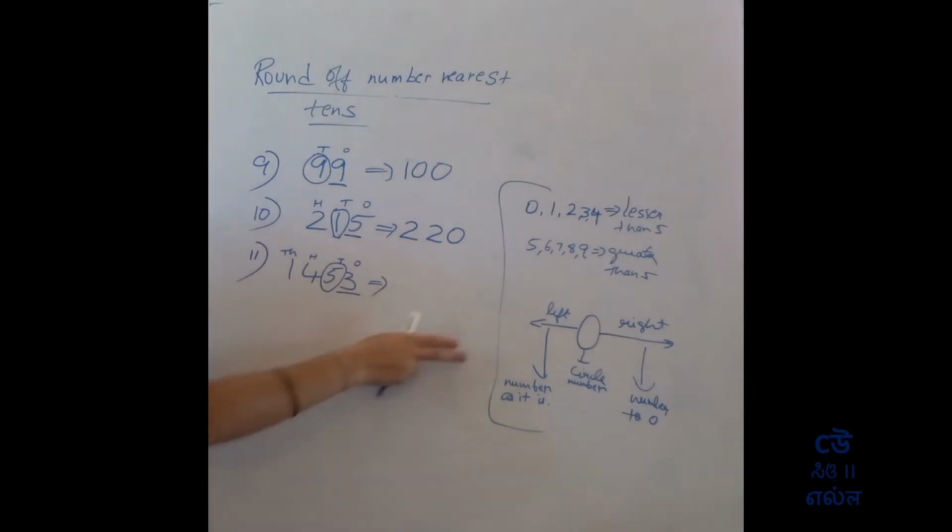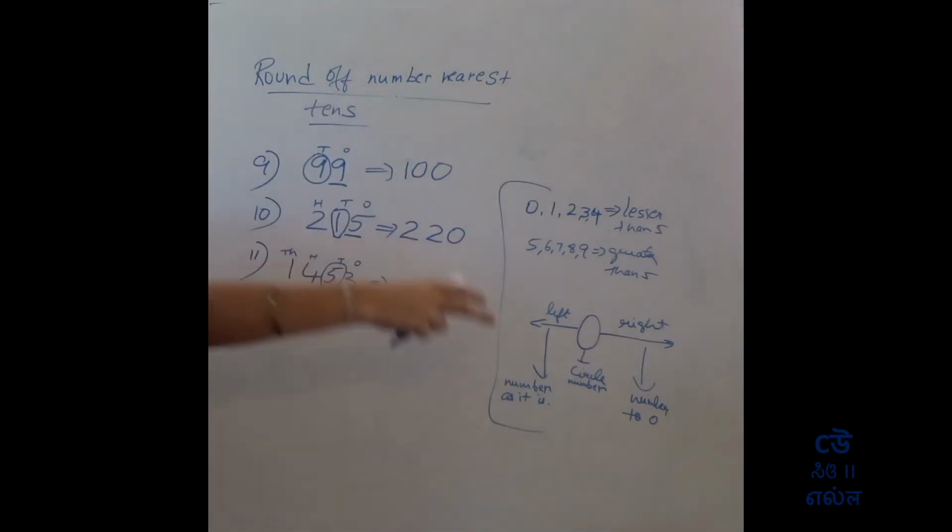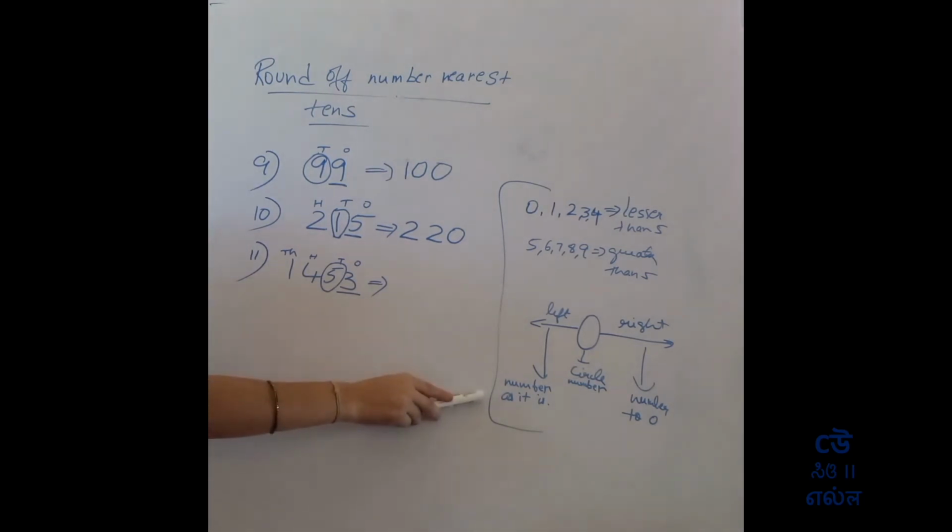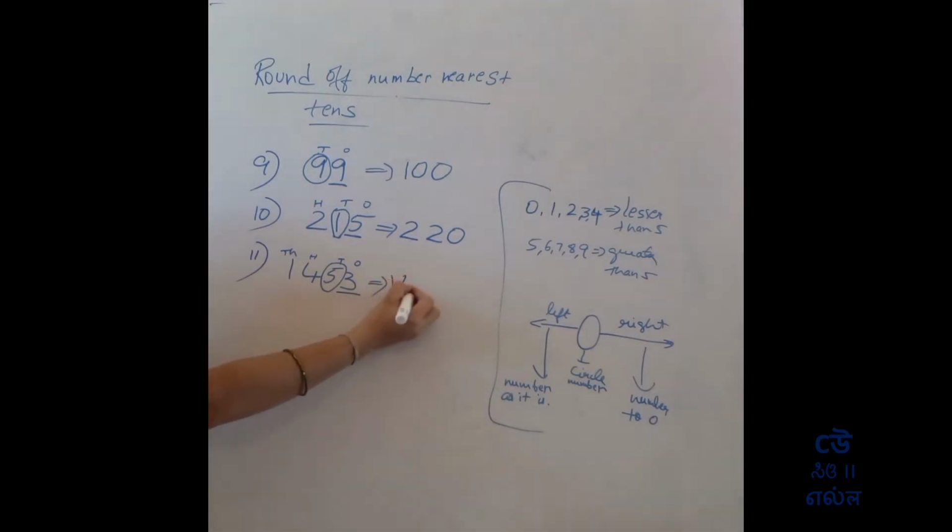Okay. So first let us see this trick. The circle number is in the tens place. Next, left side to the circle number, we have these two numbers. So the number should be as it is. Okay, we should not change anything. Next, the tens place value we will keep aside.